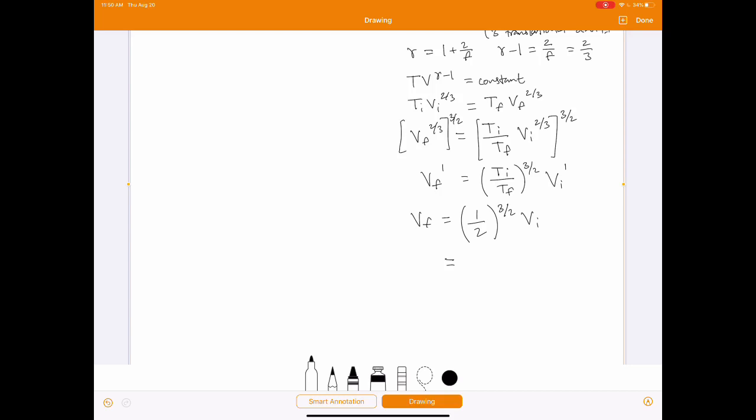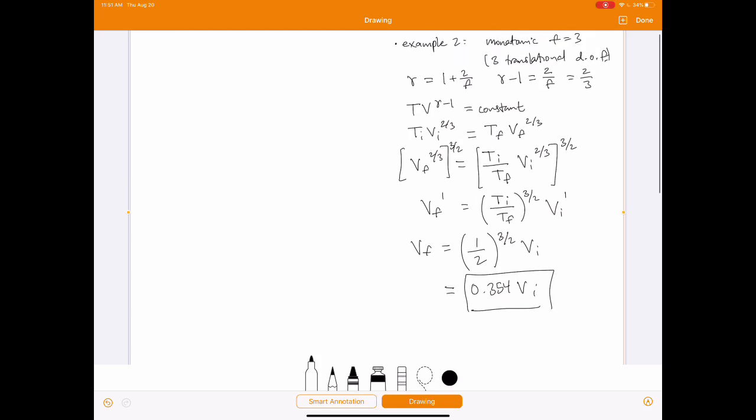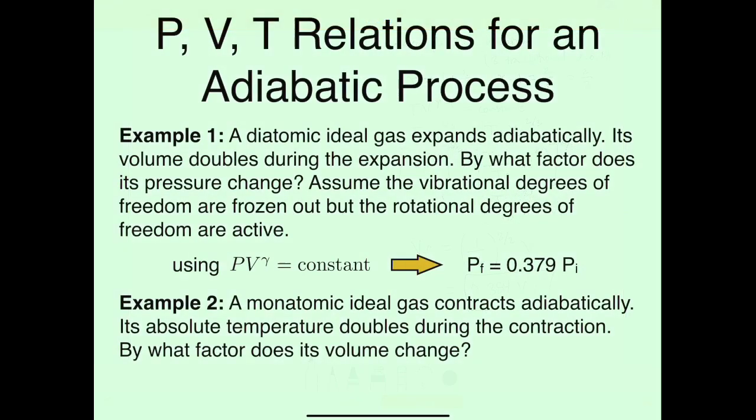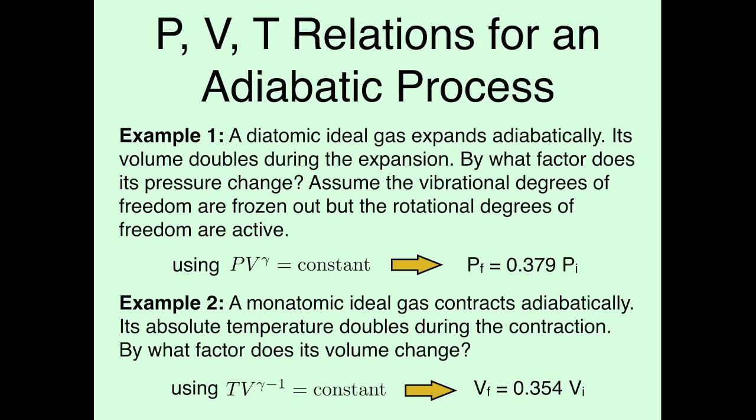And if you calculate that 1/2 to the 3/2 power, you get 0.354 times V initial. So that's what we were looking for. How does the final volume relate to the initial volume? We can get it using the adiabatic relationships. Okay, so for that last example, we used the relationship T times V to the gamma minus 1 is constant, and we found that V final is 0.354 times V initial.